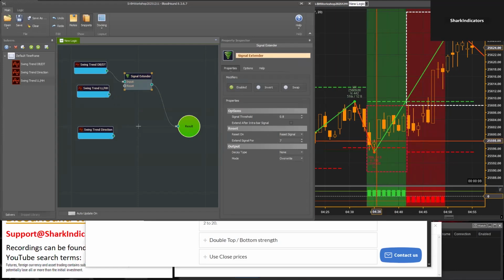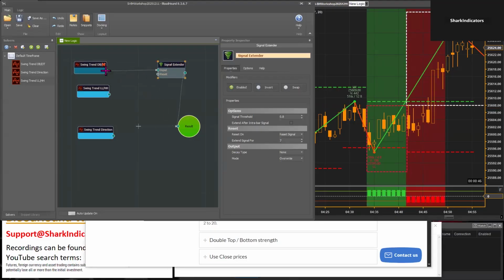We get a double bottom that extends for 7 bars. Here we can see this bar's high point almost reached that swing high, so that bar produced a double top output.